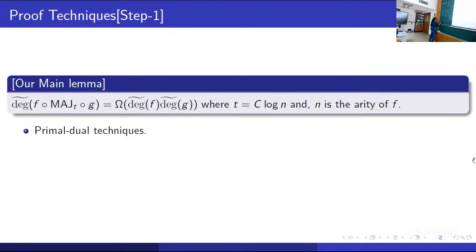This is again a very generic technique. The image of this operator is defined on n-bit strings.